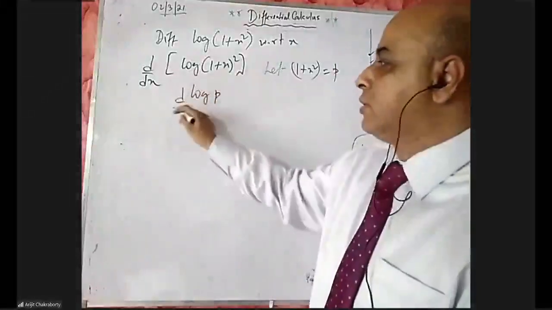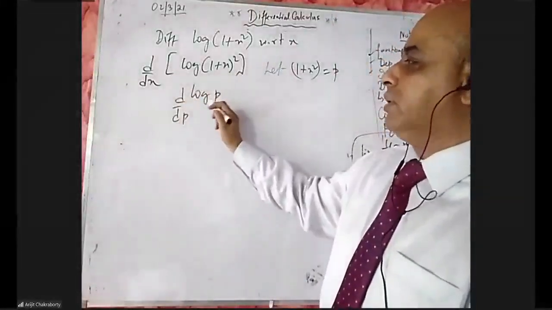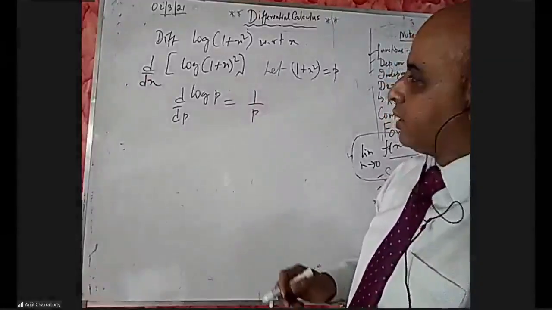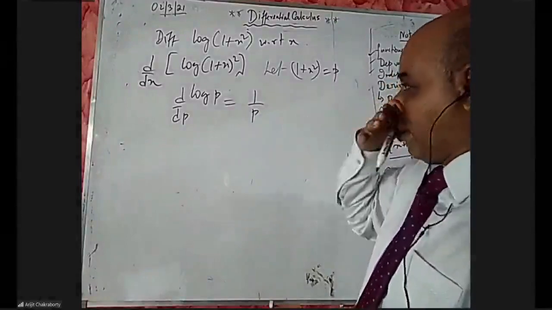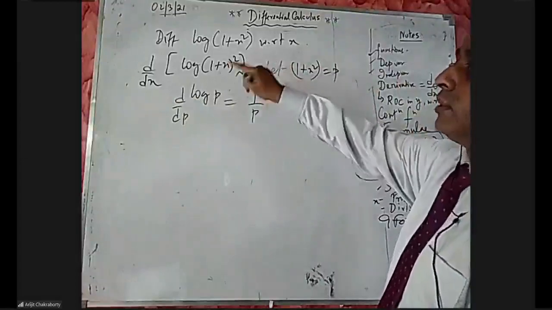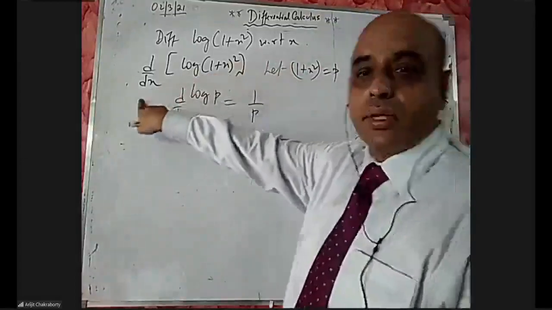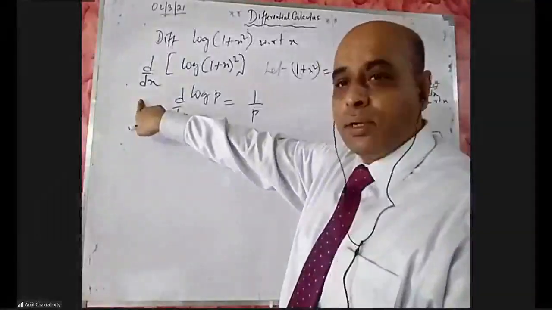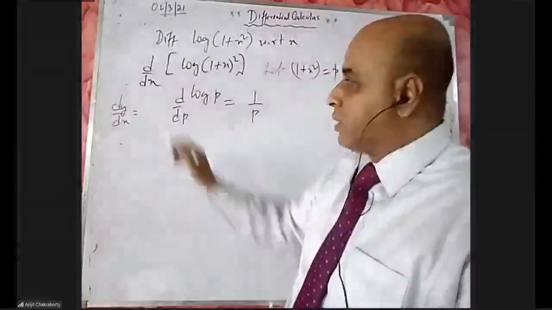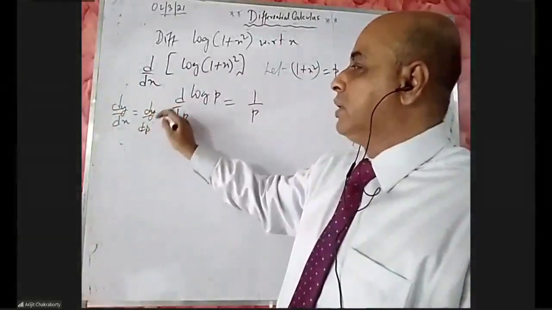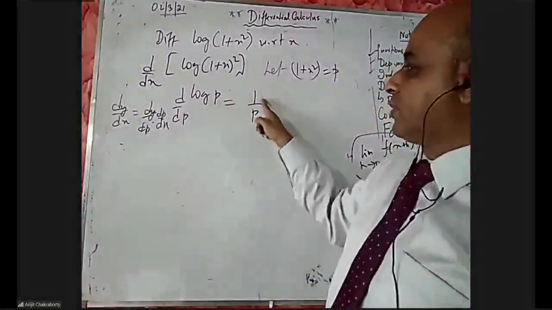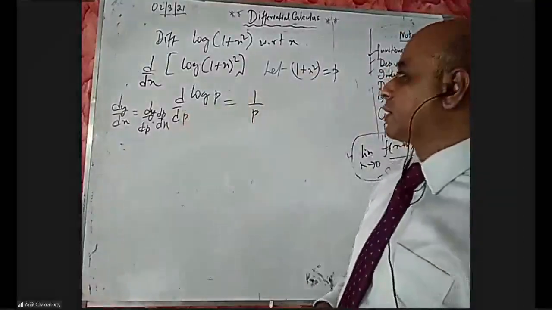If I find d log p by dp, it will give me 1 by p. But the question is, I have to find the differential coefficient of log 1 plus x square, right? So in other words, dy by dx can be written as dy by dp into dp by dx. This part I have done: 1 by p. Now dp by dx.